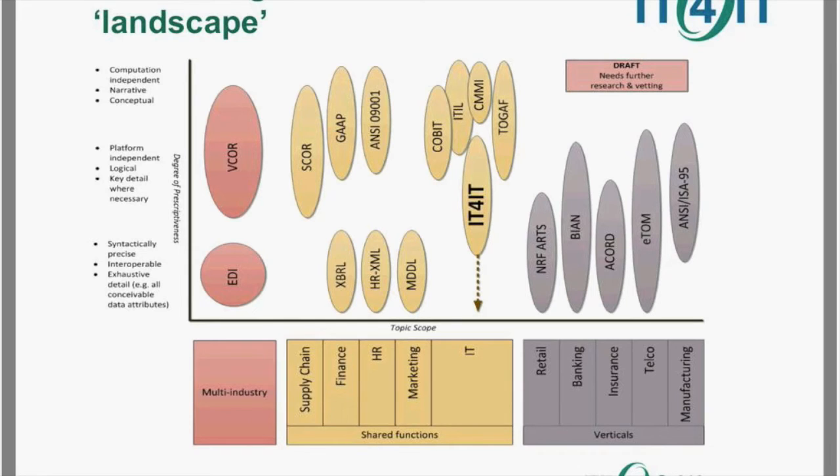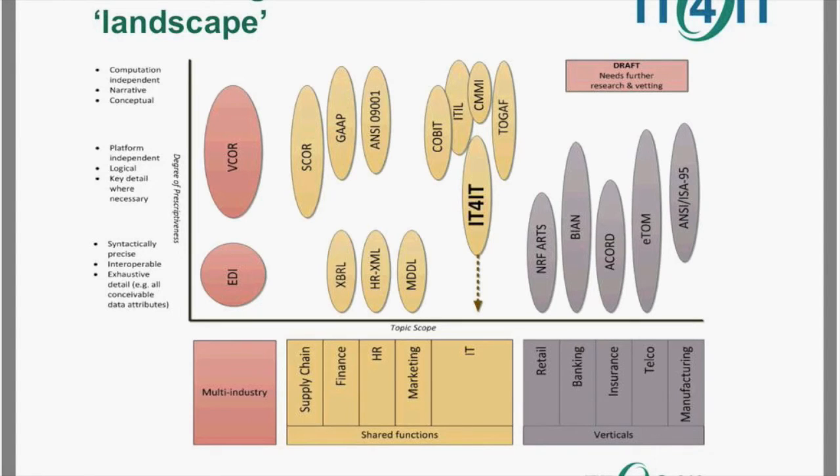Because you don't want to say IT4IT is the one true approach to doing these things. We've got things like TOGAF, for example, and when you look into IT4IT, a key part of going from your business strategy to your portfolio is that you do enterprise architecture work. Well, TOGAF is the premier standard for that, so we would reference that to make sure that happened.